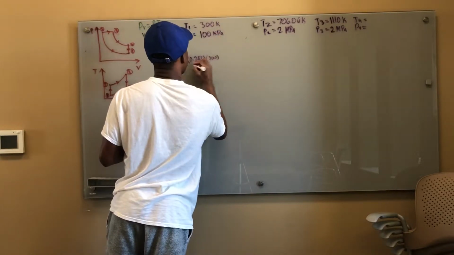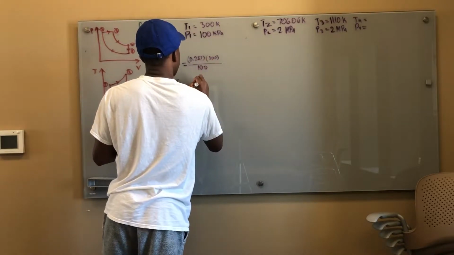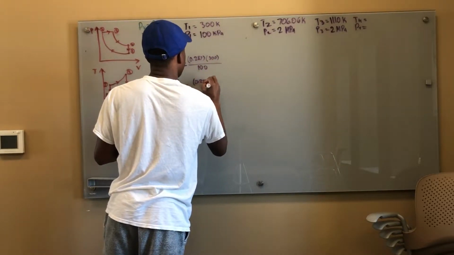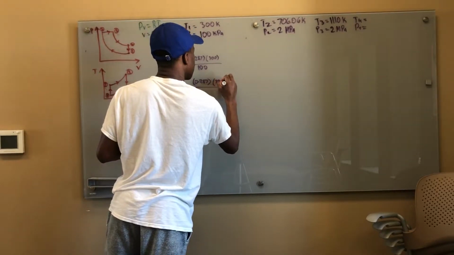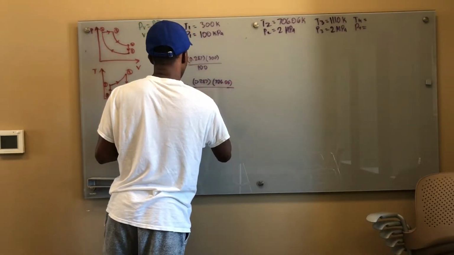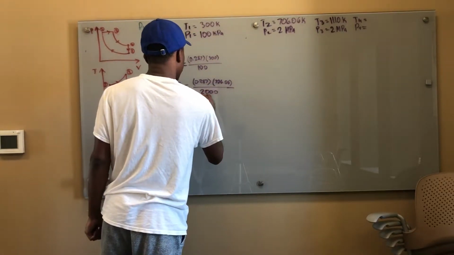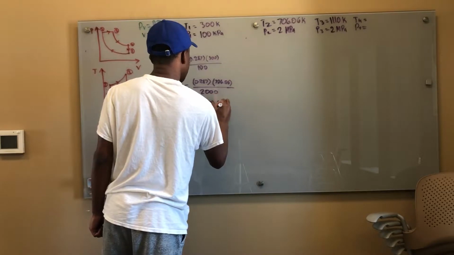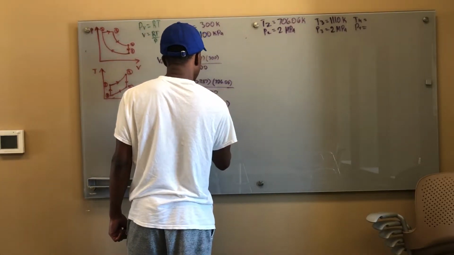T1 is equal to 300 Kelvin. P1 is equal to 100. R is 0.287, T2 is 706.06. P2 is 2,000, because that's in kilopascals. 0.287, once again, because we're still dealing with air. T3 is 1,110.